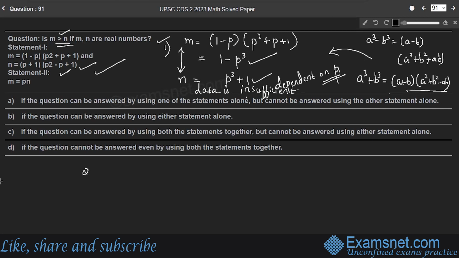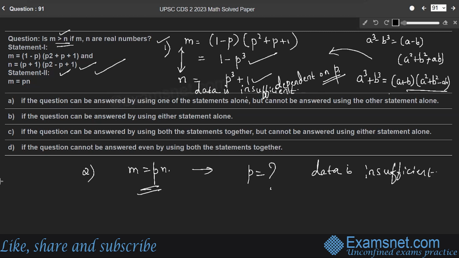We'll consider statement 2, in which m is equal to p into n. Again, here also it is dependent on the value of p, whether it is equal to 1, 2 or less than 1, 2, or whether it is equal to 0. So based on that, we can decide the relation between m and n. Therefore, data is insufficient. So the question cannot be answered.